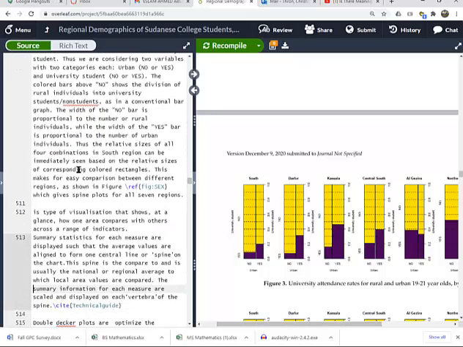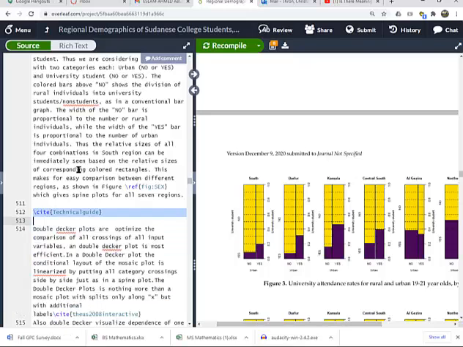All right, so I think I can take this here. I don't think we need to talk about these here, and I can put this citation somewhere else.